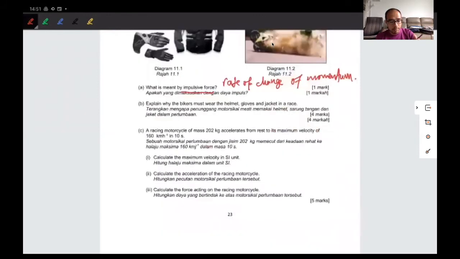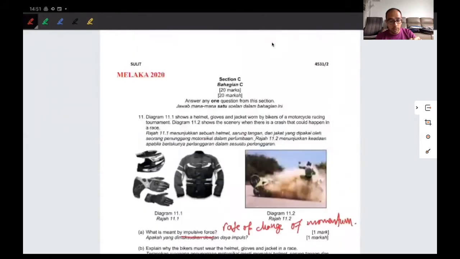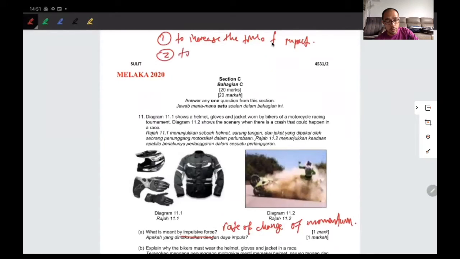So point number one, always the same: to increase the time of impact. Point number two, to decrease the impulsive force.